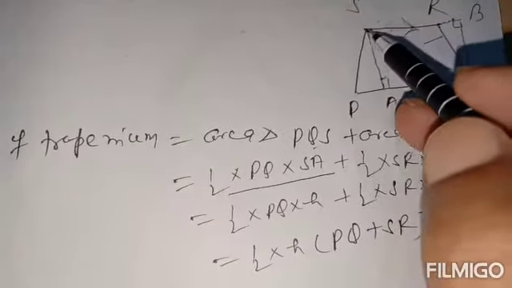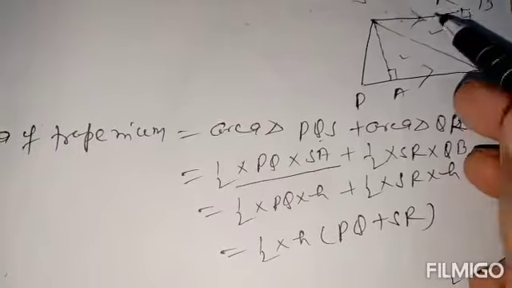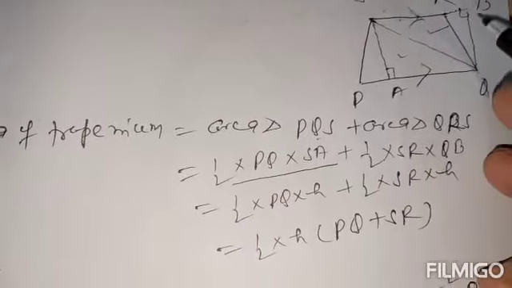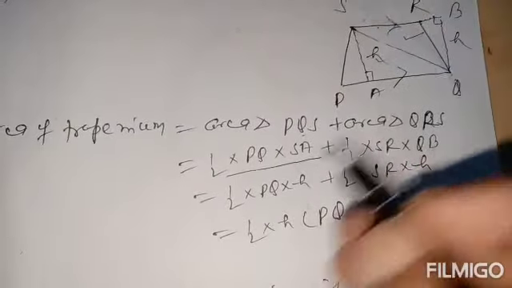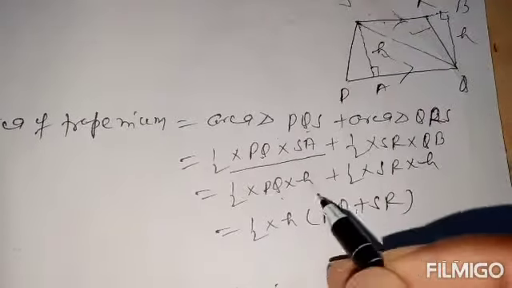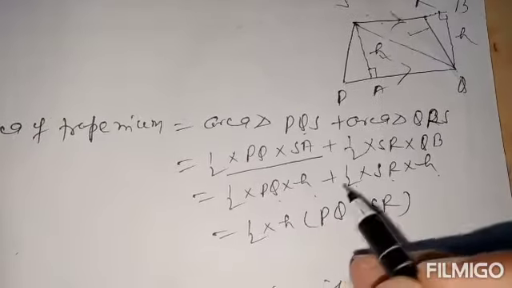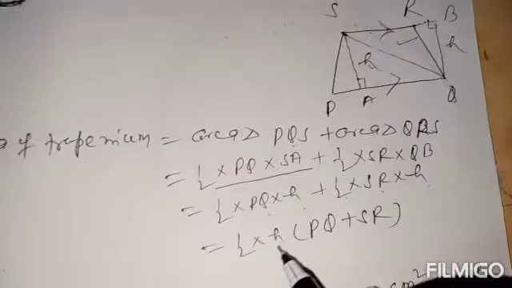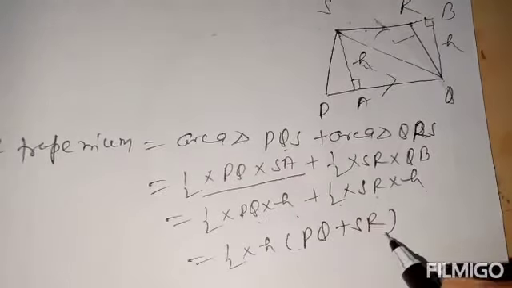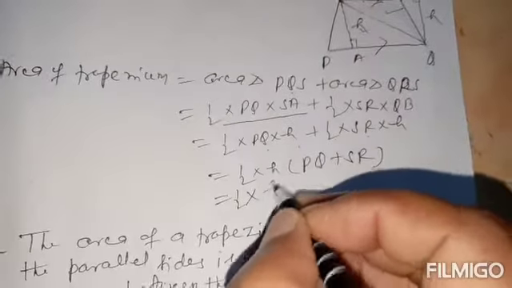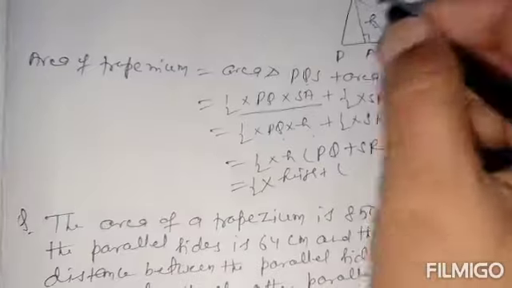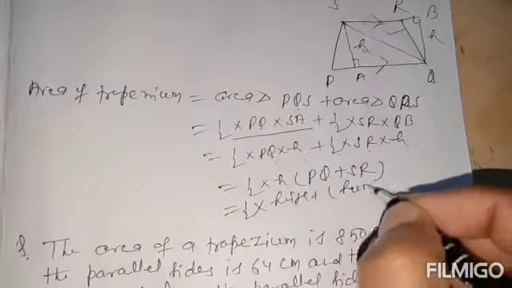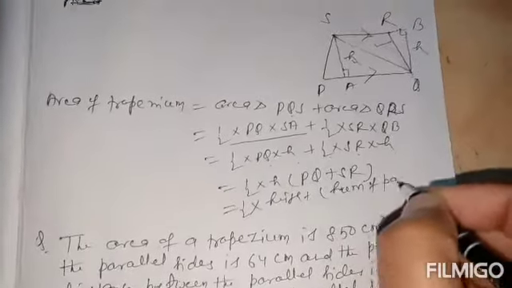We know that the perpendicular distance between two parallel lines is equal, so SA is equal to QB, and taking it as H, it is equal to half into PQ into H plus half into SR into H. Taking half into H as common, then PQ plus SR. It means half into height into the sum of parallel sides.